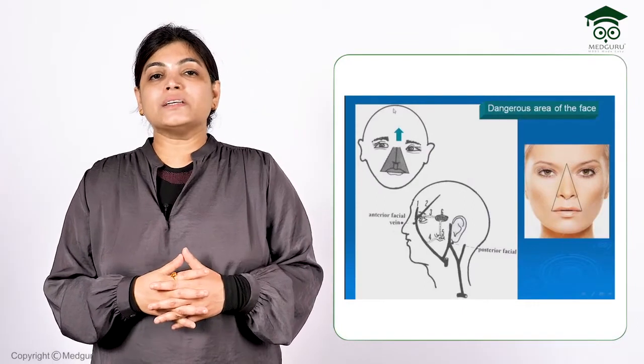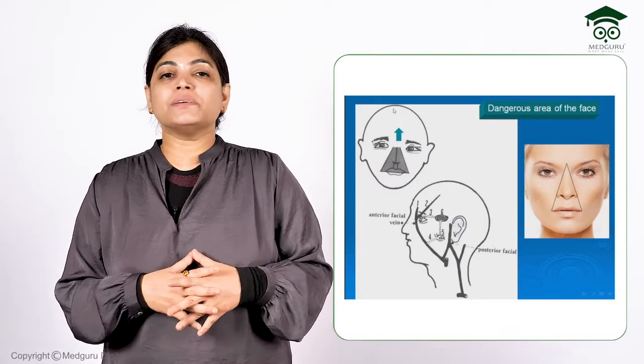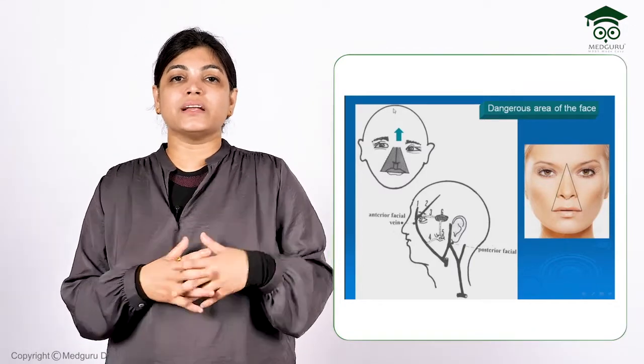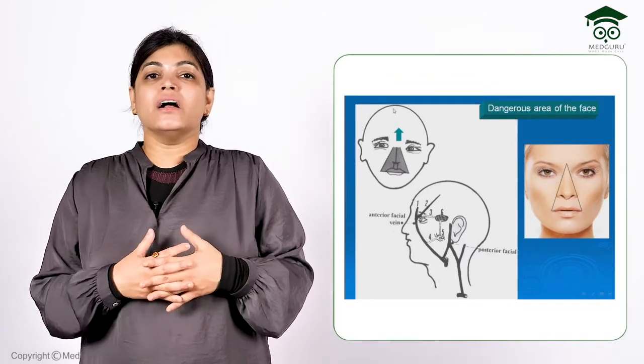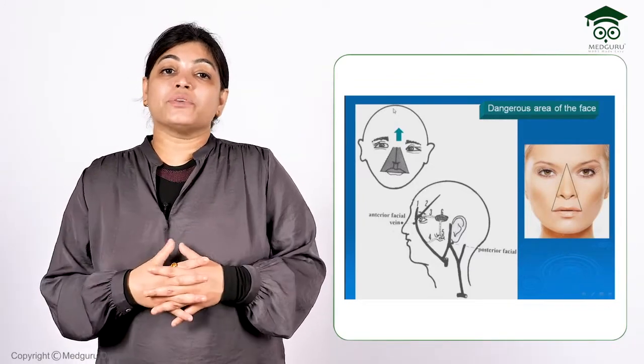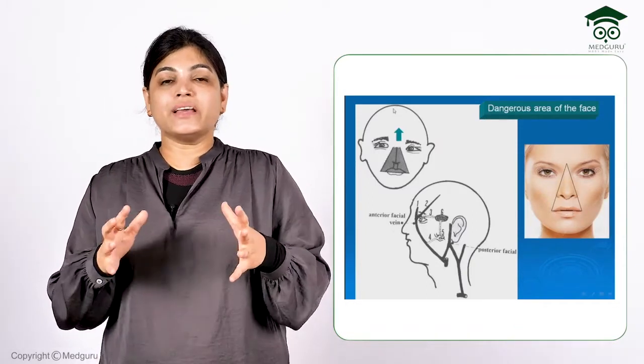There is a dangerous area of the face that lies below the nose and above the upper lip. Infection from this area can drain into the cavernous sinus, causing cavernous sinus thrombosis. It is a very grave condition.